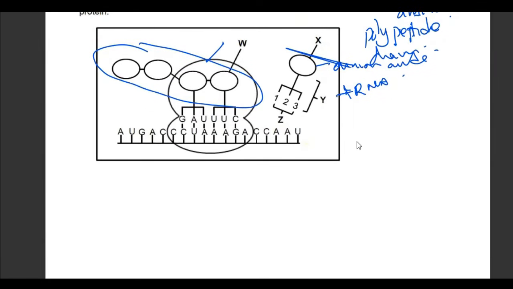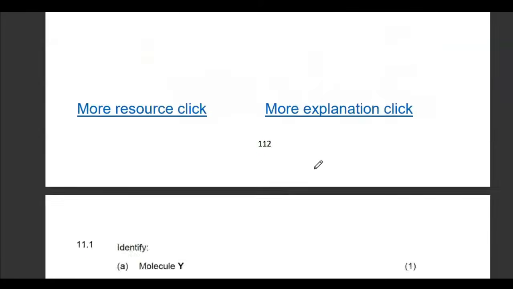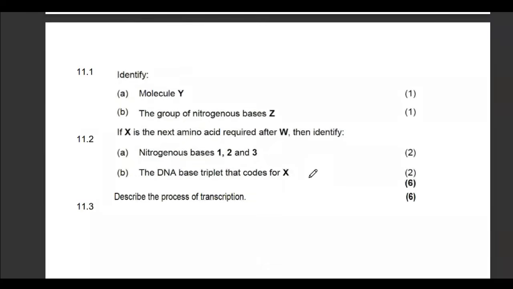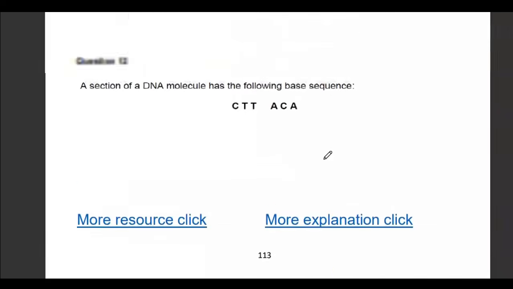These are anticodons, and then this is messenger RNA, and the 3 bases on the messenger RNA, we call them codons. You see, you can't fail such questions. When you come to the question, you see that they're asking you exactly the same thing, and then asking you to describe the process of transcription, which we have described.